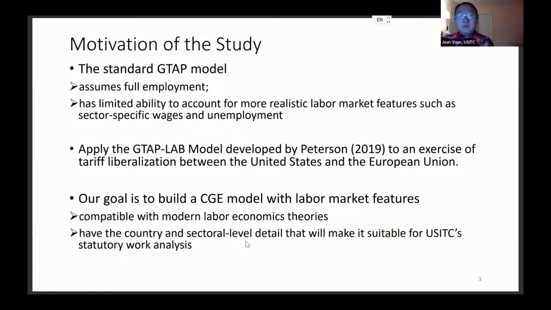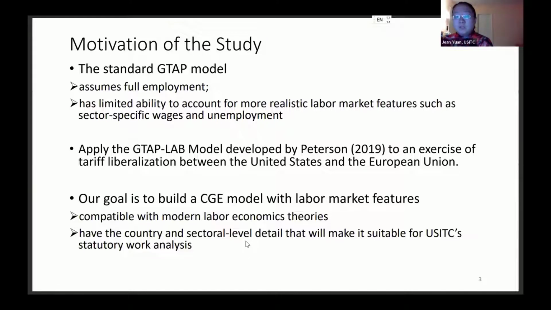In terms of the motivation of the study, the standard GTAP model assumes full employment. Therefore, it has limited ability to account for more realistic labor market features, such as sector-specific wages and unemployment. With that, we are trying to build a labor module into the GTAP model. As the first step of the research, we applied the GTAP labor model developed by Evan Peterson in 2019 to an exercise of a tariff liberalization between the United States and the European Union.